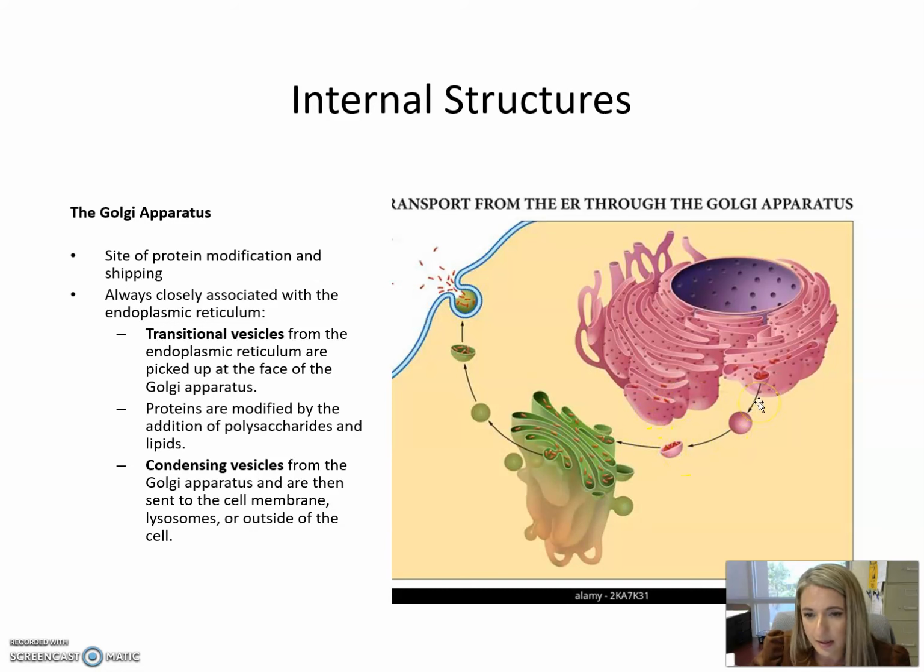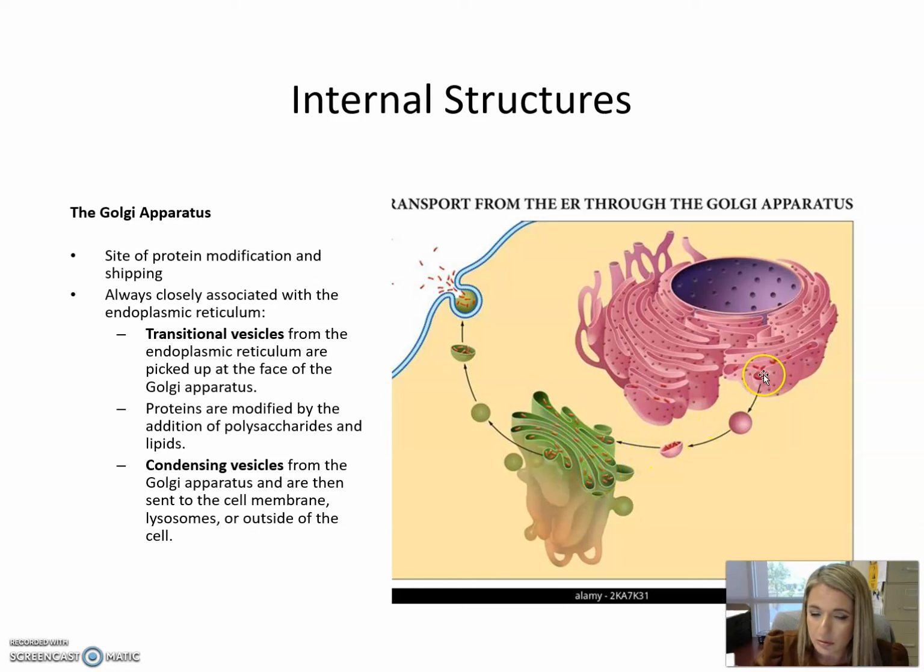How is it that the proteins are able to get from the rough ER to the Golgi apparatus, and then from there to the cell membrane or outside the cell? There are two different types of transport vesicles used within the cell: transitional vesicles and condensing vesicles. Transitional vesicles are going to run from the endoplasmic reticulum to the Golgi apparatus.